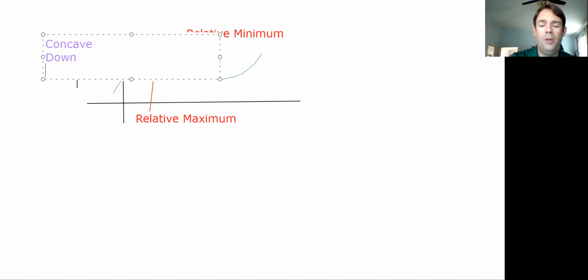And what that meant is that our second derivative was less than 0.